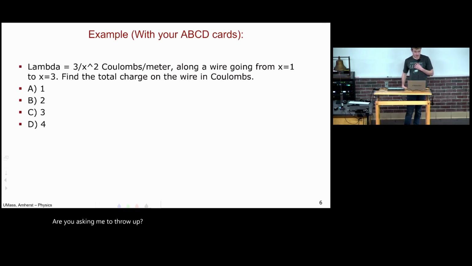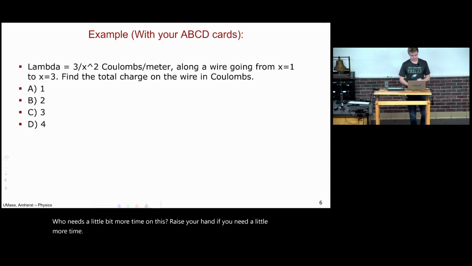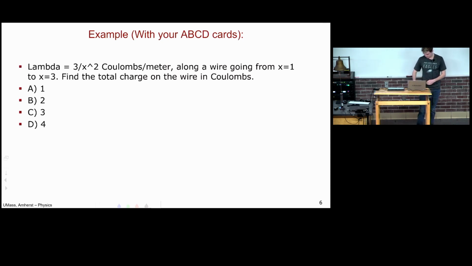Who needs a little bit more time on this? Raise your hand if you need a little more time. All right, 3, 2, 1, show me.